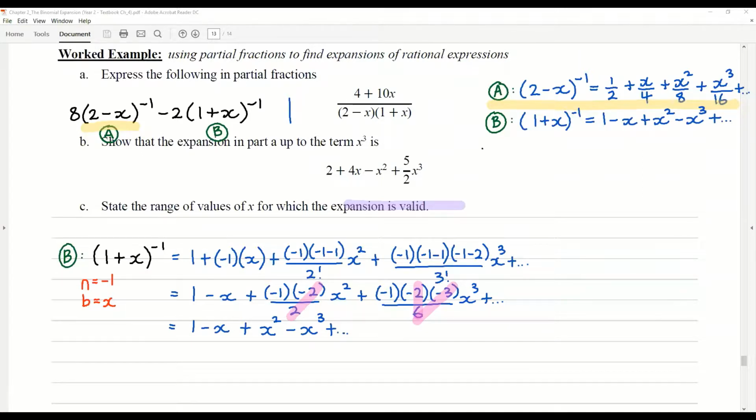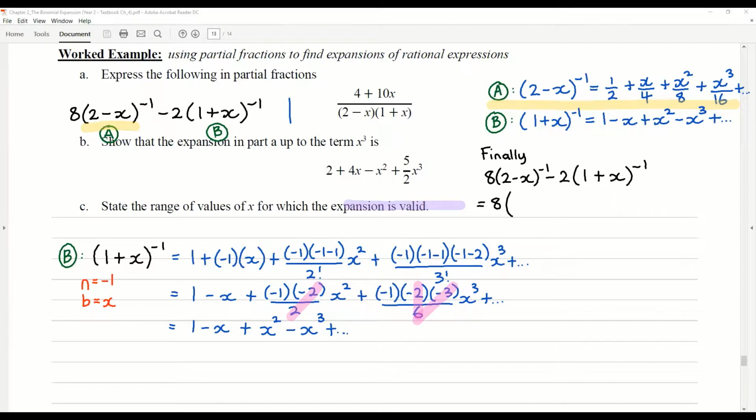So finally, okay, let's write out the step again. So we know that 8 multiplied by 2 subtract x to the power -1, subtract 2 multiplied by 1 add x to the power -1 is equal to 8 multiplied by, let's put in what we discovered earlier.